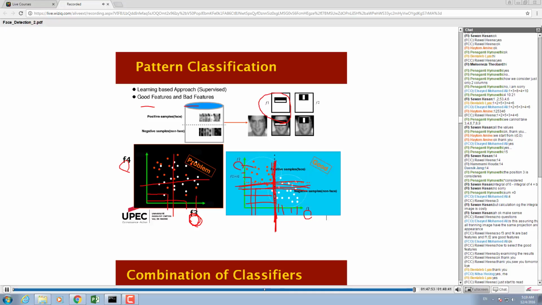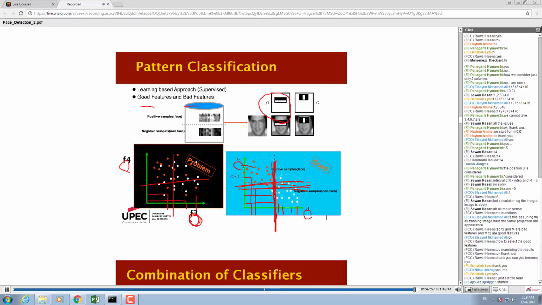By the way, has anybody read the paper? This paper? Anybody? Not yet. Okay, it is open on the internet.